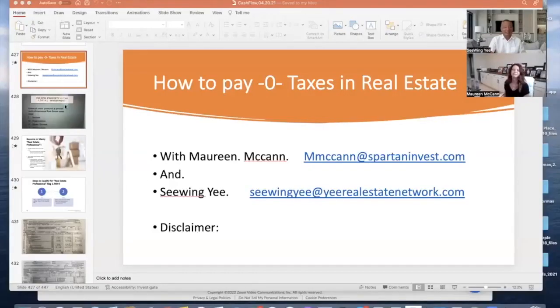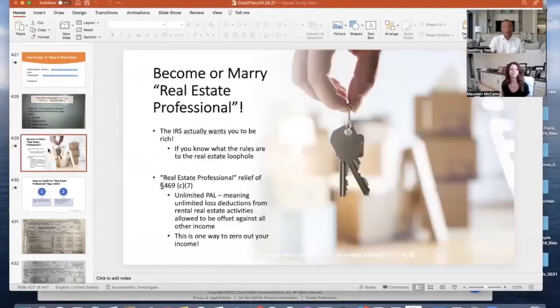Okay, how to pay zero taxes. Here we go. Now, it requires a unique understanding for a particular risk investor to apply some of these strategies. Not everyone can do it, but I still find too many people that have the capacity to apply this unique strategy, which I'm about to talk about.